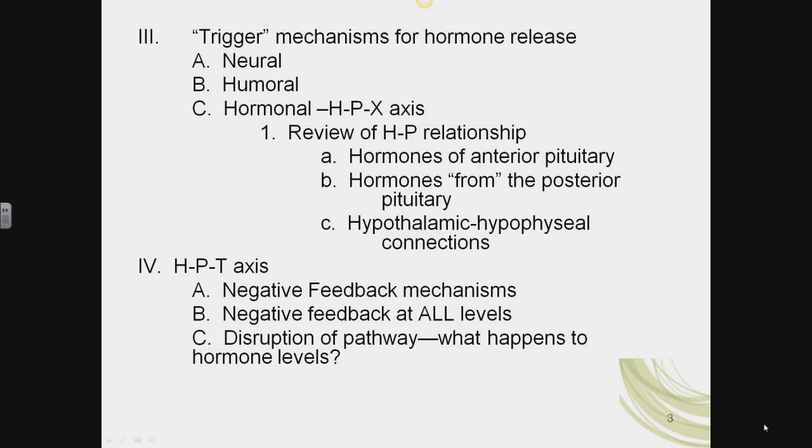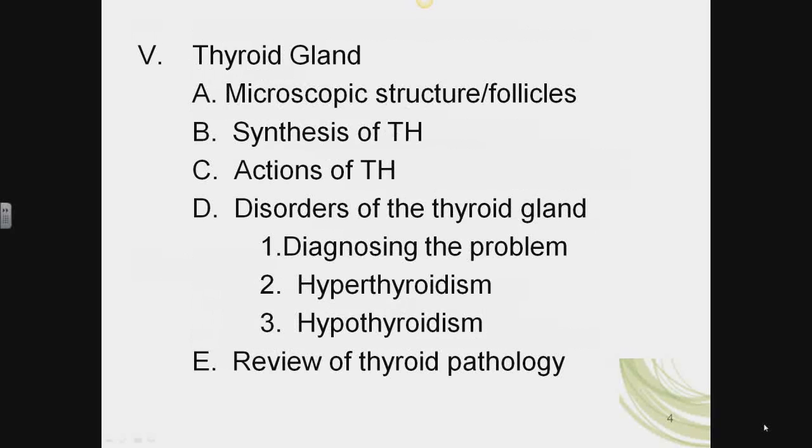Then I will focus on the hormonal pathways, and this will entail a discussion on the HPT axis, and I'll talk about the anatomy of the thyroid gland, the actions of the thyroid gland, how we make thyroid hormone, clinical issues with the thyroid gland, hyper and hypothyroidism. This applies to the pathophysiology. And we'll discuss how a patient can have hyper or hypothyroidism.